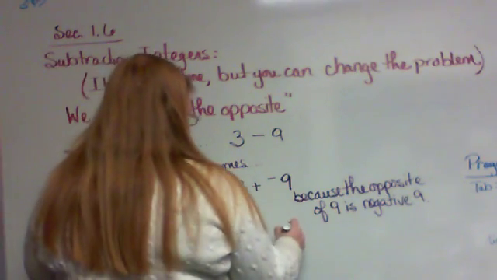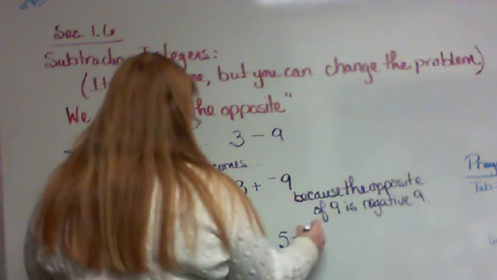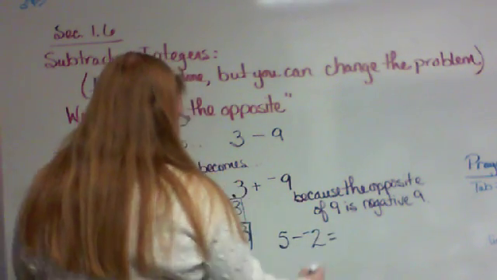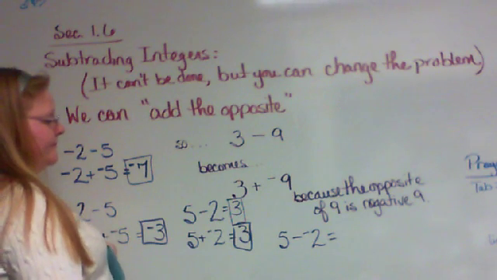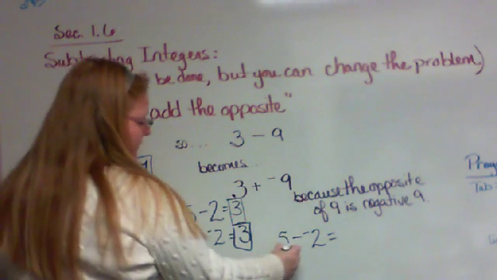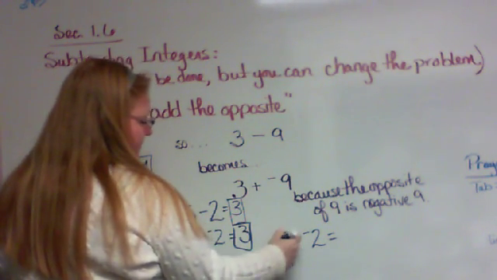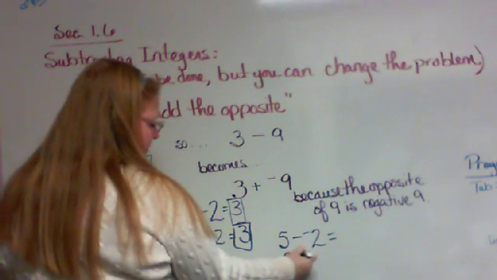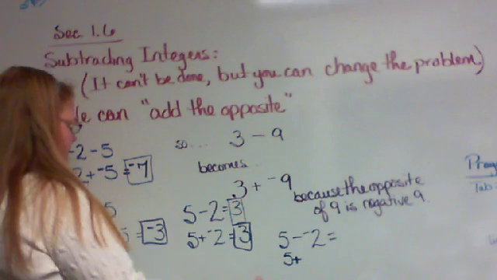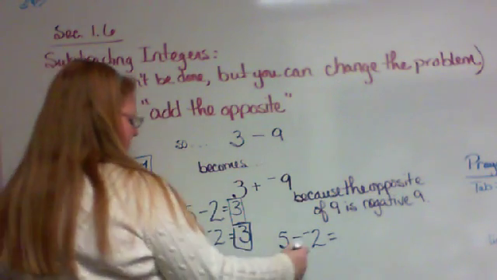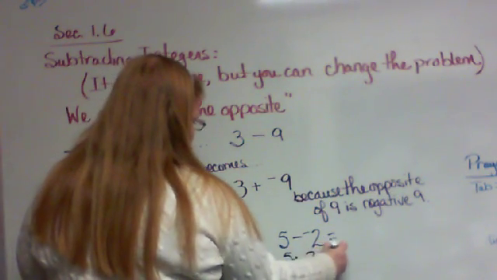What about 5 minus negative 2? This is the one that always messes people up. This means 5 plus the opposite of negative 2. The opposite of negative 2 is positive 2. So 5 plus 2.